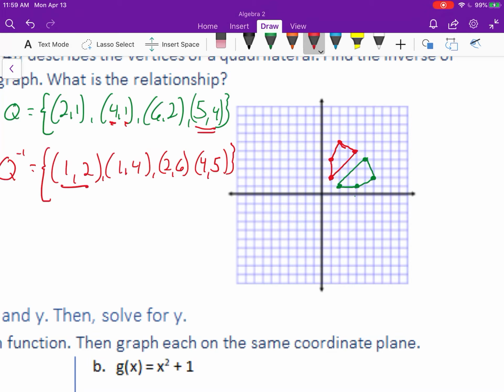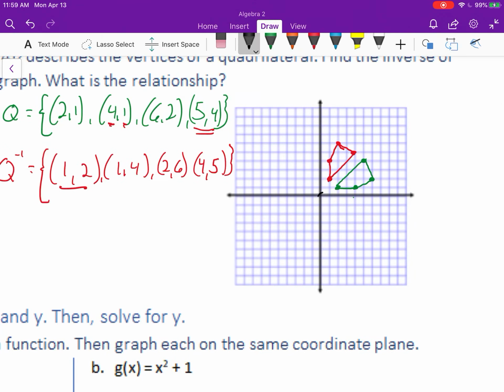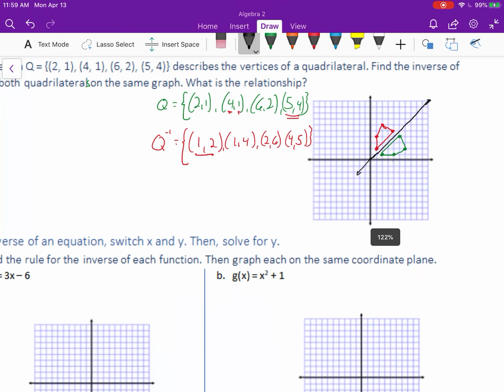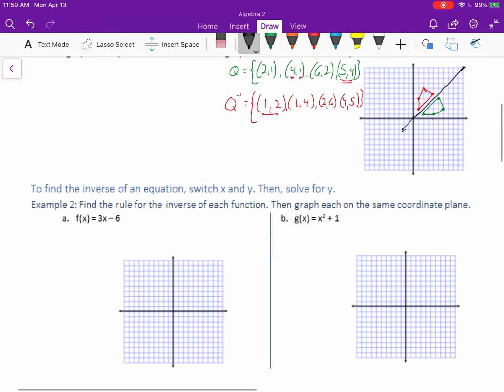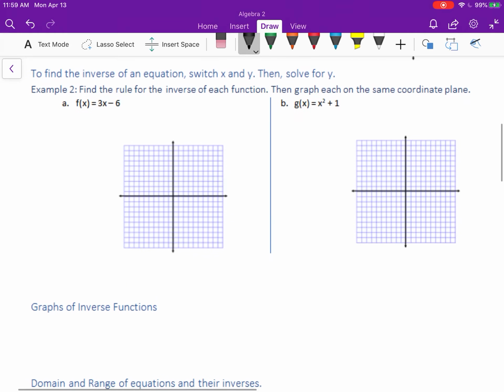If you look at this, this is a reflection. They're the same shape, same size. Take this line right here. That's the y equals x line. The red is a reflection over the y equals x line, and that's what we want to notice about the graphs of inverses. So that's pretty cool.